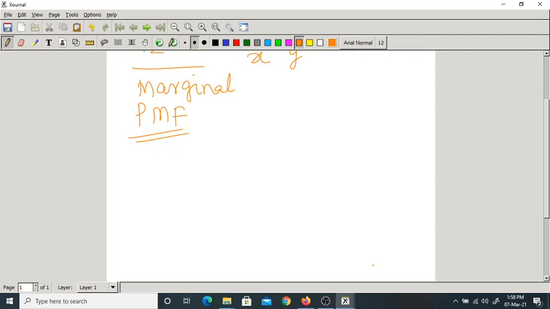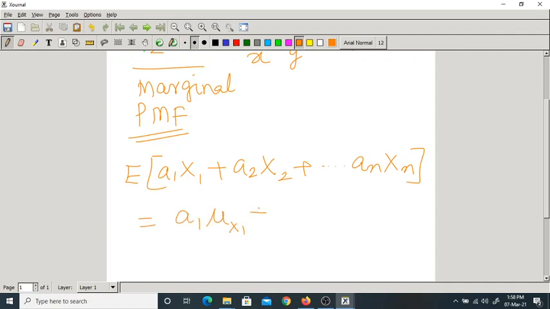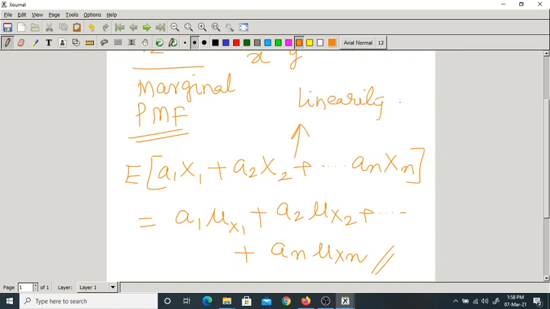The expectation of a1x1 plus a2x2 so on up to anxn will be equal to a1 times mu x1 plus a2 times mu x2 plus so on plus an times mu xn. This is called the linearity property of the mean.